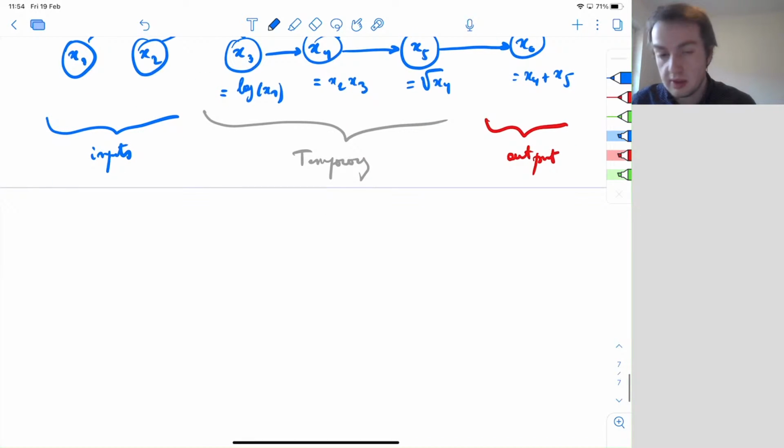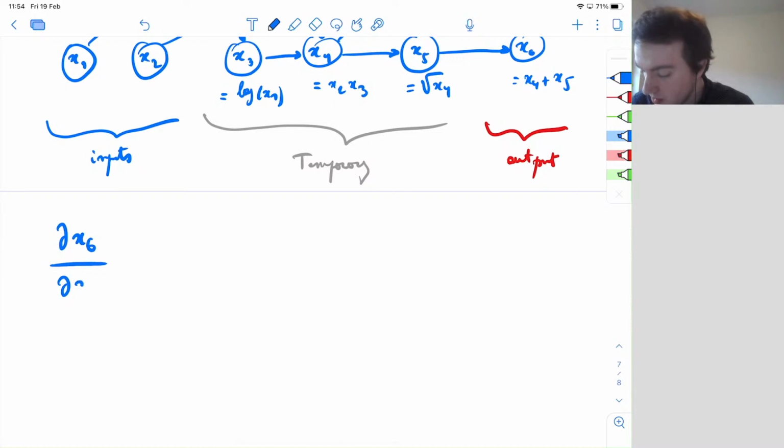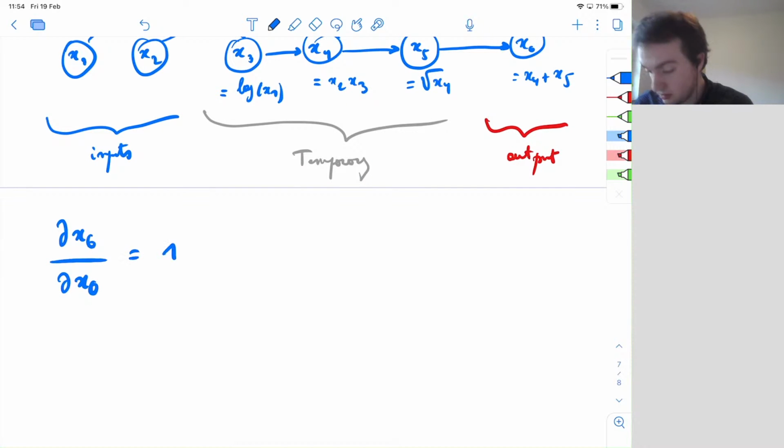And so the recipe tells us that we should initialize a first Jacobian as the one associated to the output. So we would initialize x6 with respect to itself, right, which is an identity matrix. So in this case, let's just say everything is scalar.